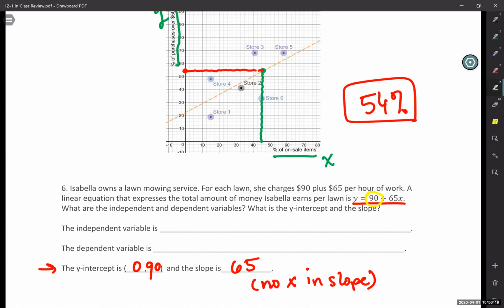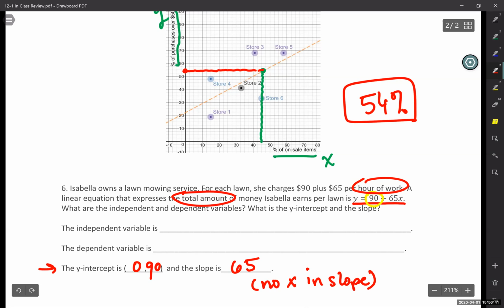We have how much money Isabel is making using that formula, and then we have how many hours she works. I just circled the hours of work right there, and then we have the total amount of money. Those are the two things in this equation.